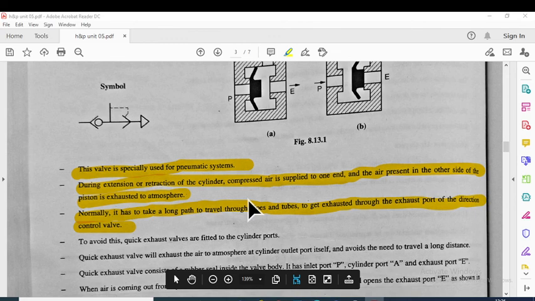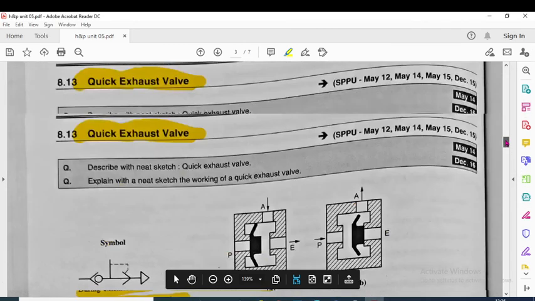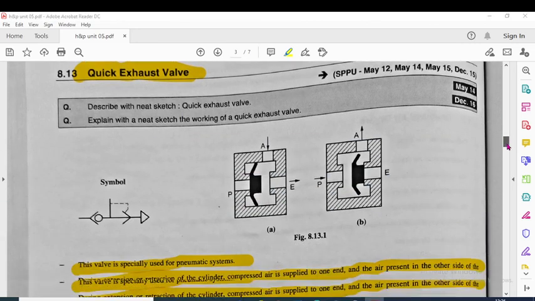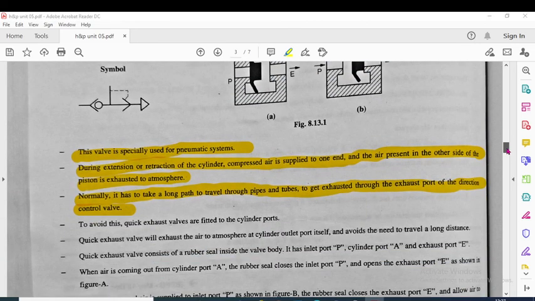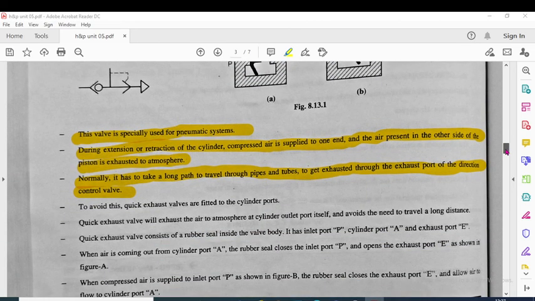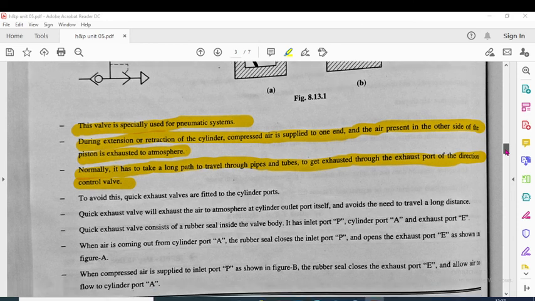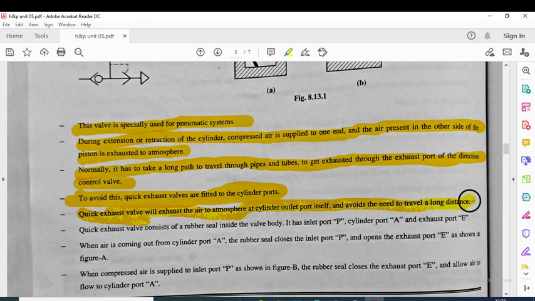To eliminate this, we use a quick exhaust valve just after the exhaust port of the cylinder, which sends this air directly to the atmosphere. Quick exhaust valves are fitted to the cylinder port. They exhaust the air to the atmosphere at the cylinder outlet port itself and avoid the need to travel a long distance.